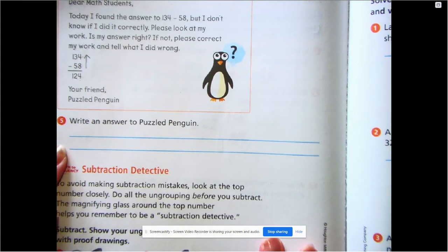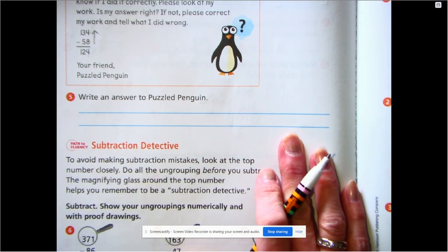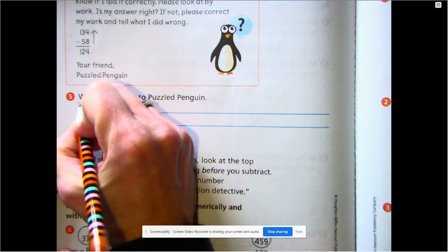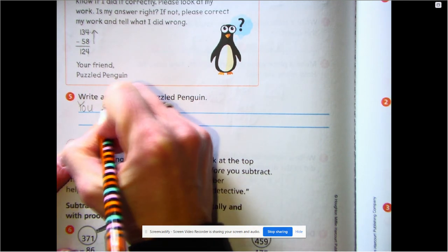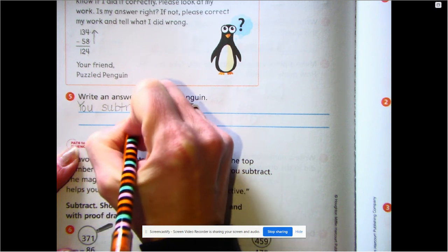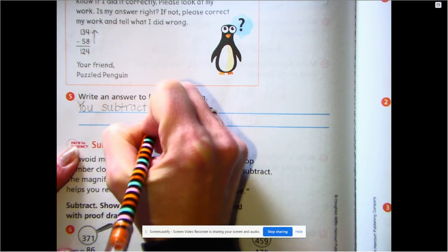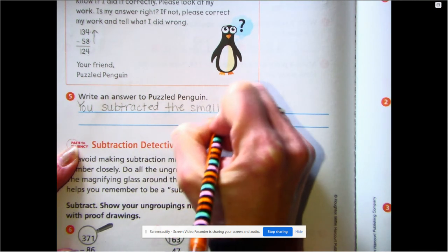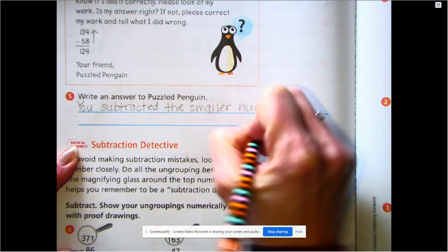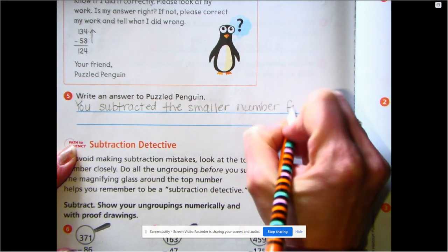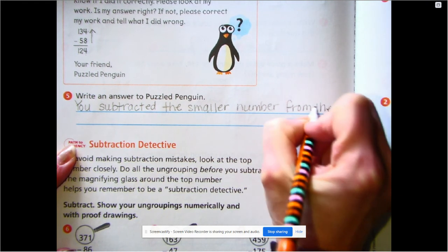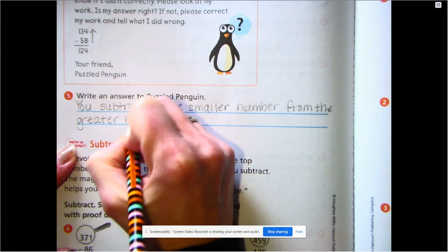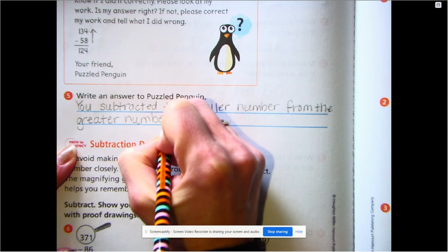So let's write him an answer. Okay? We want to explain to him what he did wrong. So we're going to write, you subtracted a smaller number from the greater number each time.